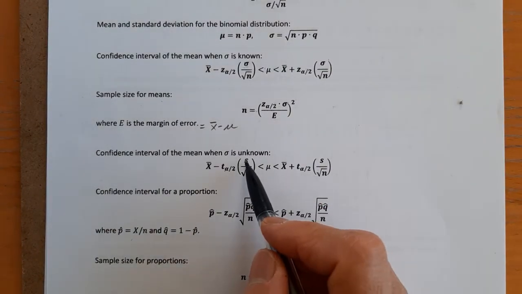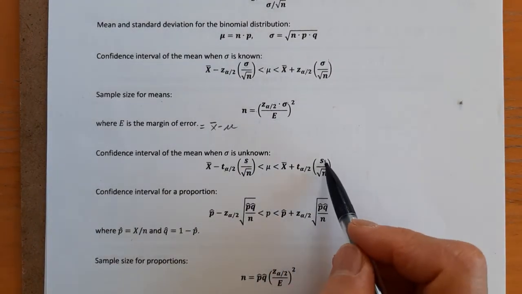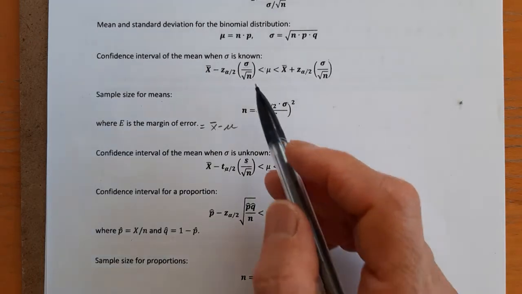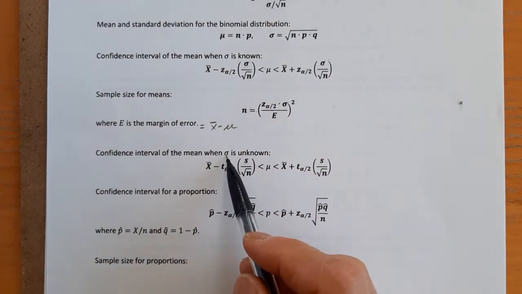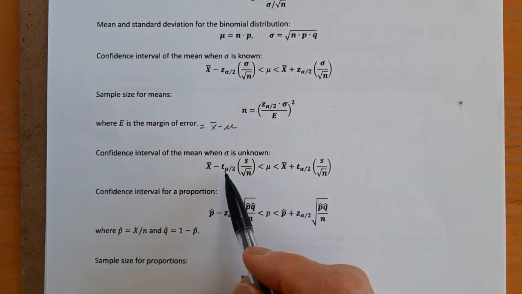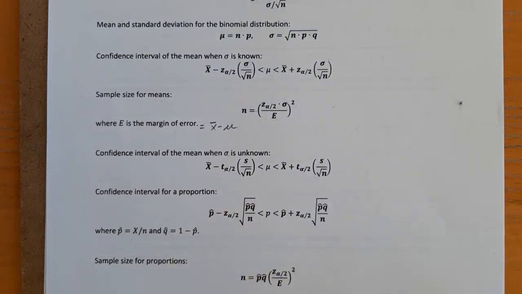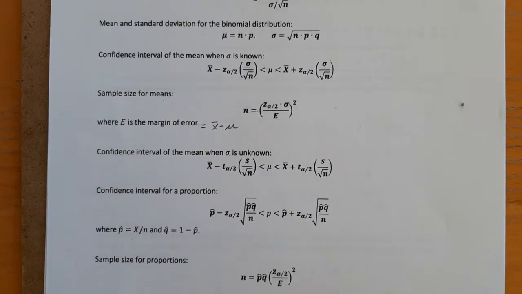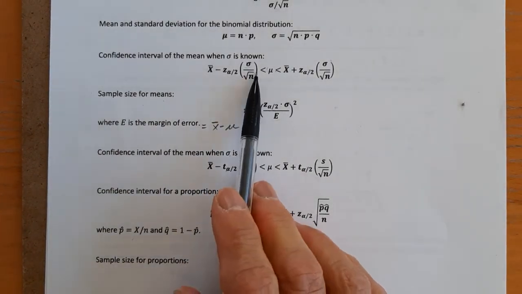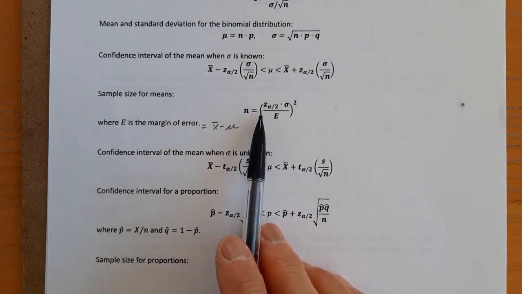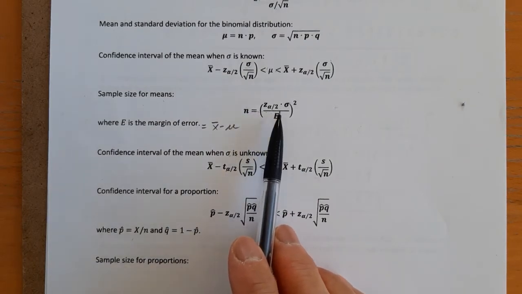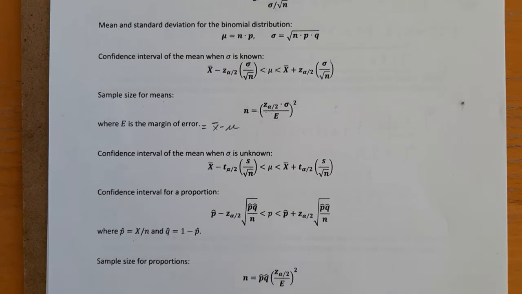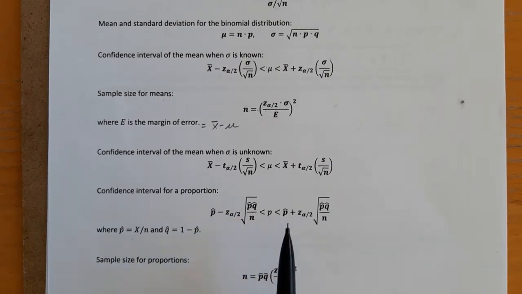If unknown, use the sample standard deviation and the t-score. Those two are for the confidence interval for the mean, and n is the sample size for the mean.